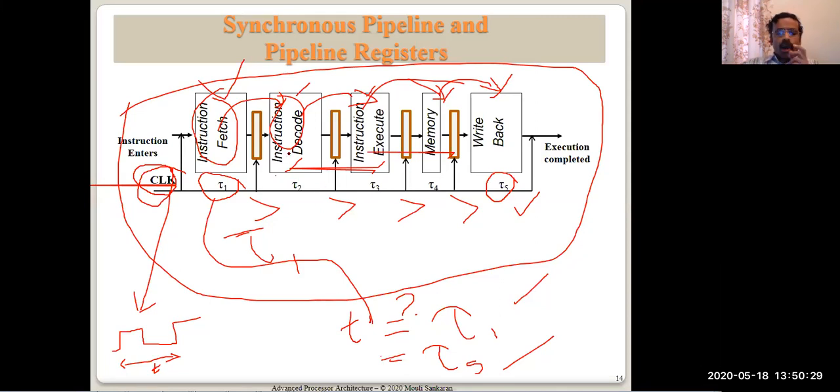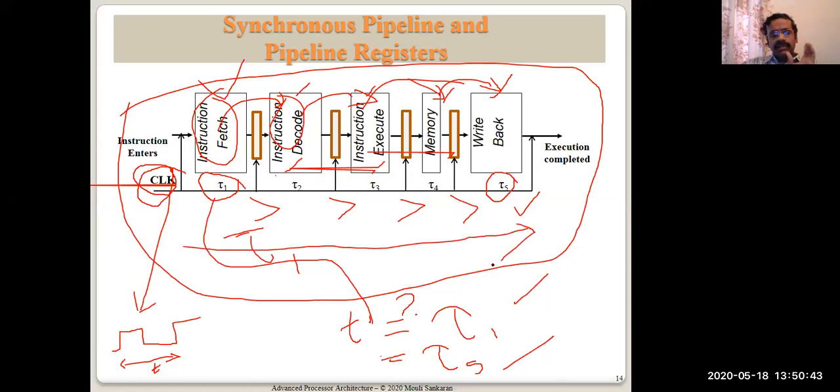Let me tell you how to think. It is like this. Suppose this is the movement of people. Suppose these are hardware blocks, which are taking different times to process an instruction, and then they have to move through the stages. Now, recall the weakest link I talked about.